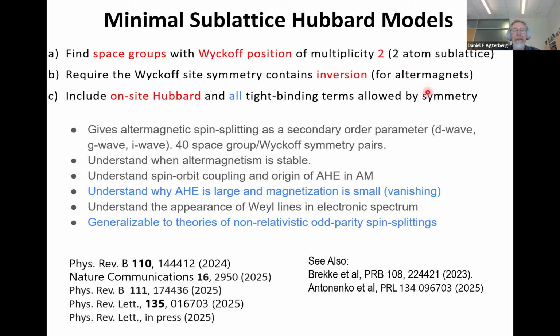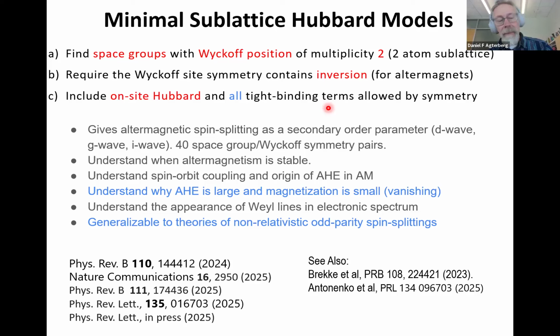And then the models we examine contain on-site Hubbard interactions on each sublattice site, and then all tight binding terms allowed by symmetry. And then typically we imagine a single orbital is electronically relevant on each site. Okay, so we can study these models within RPA, which is what we did. And then we can find that you can stabilize altermagnetic states.